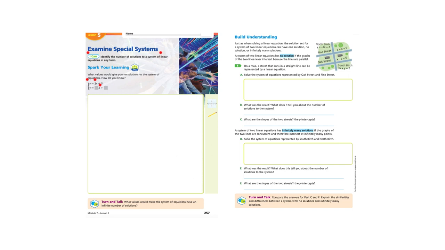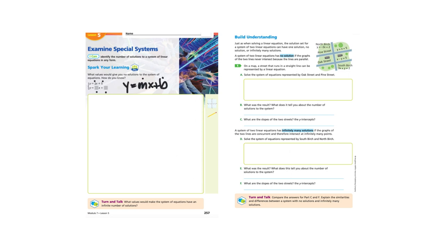So if you remember, let's just write that out. Y equals mx plus b is that slope-intercept form where this is the slope and this is the y-intercept. So you can see those numbers here. And they're asking you what values would go here and here to make this a system with no solution.